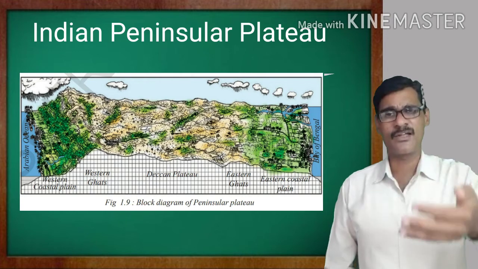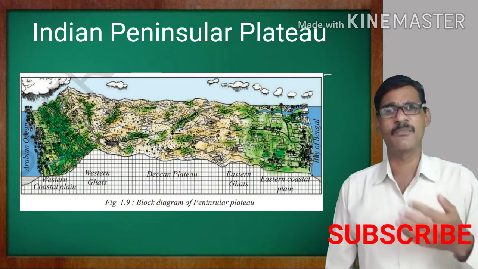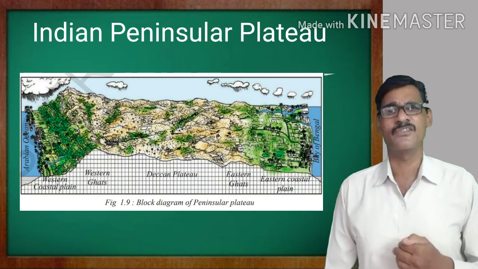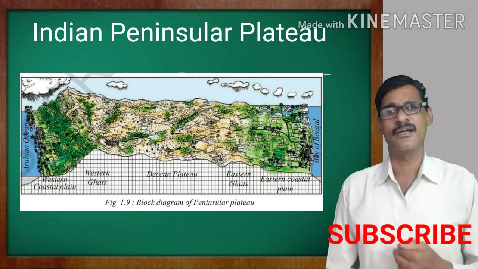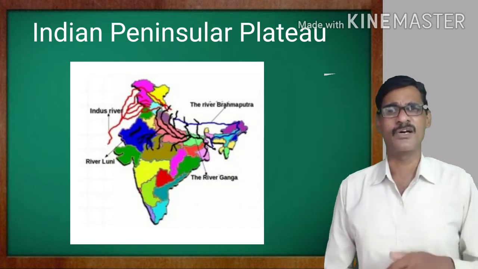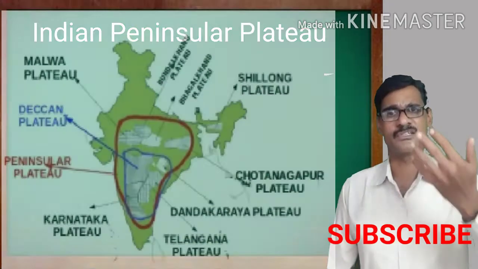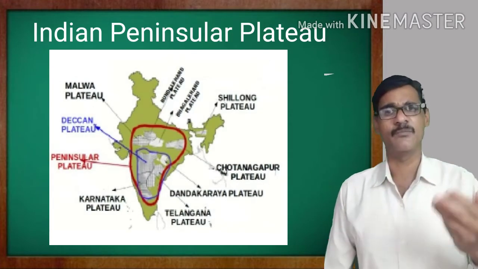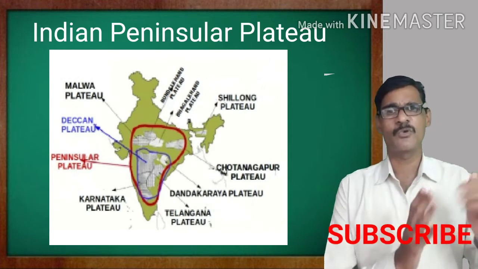Especially in the Northern Highlands, there are some small rivers which are joining the Ganga and Yamuna rivers. For example, Chambal, Betwa, Son, these are the rivers joining from this region to the Ganga and Yamuna. Then we take the Chota Nagpur Plateau.